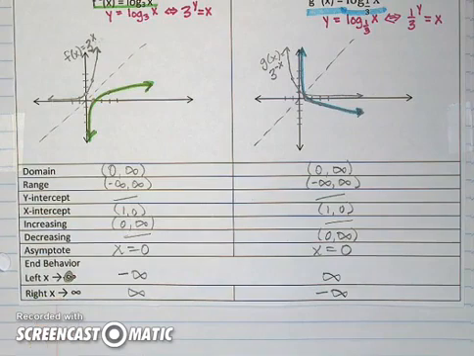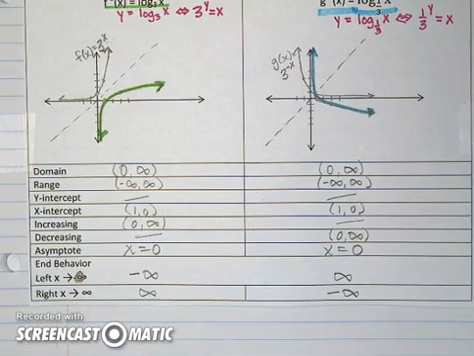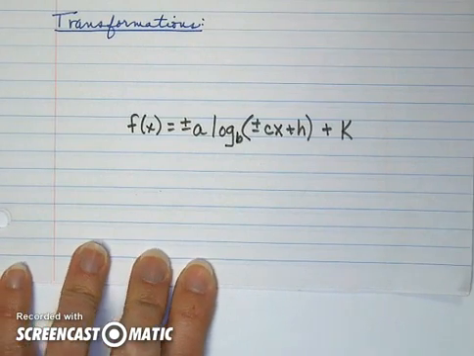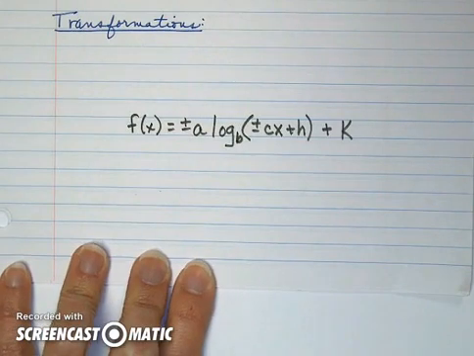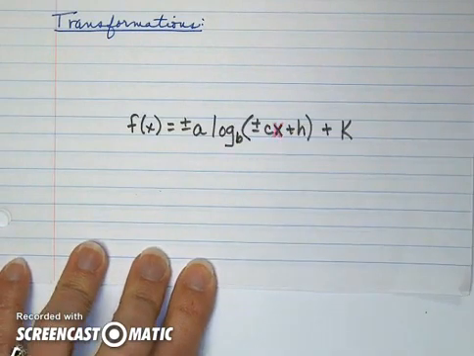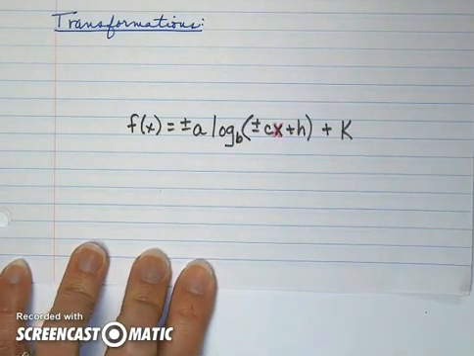Okay, let's talk about transforming and sliding these logarithm functions around. This should be very common sense to you now, but we're going to talk about shifting the log functions around. And if you'll notice, I have the x here in the logarithm. So the same parts apply to everything else we've been doing.